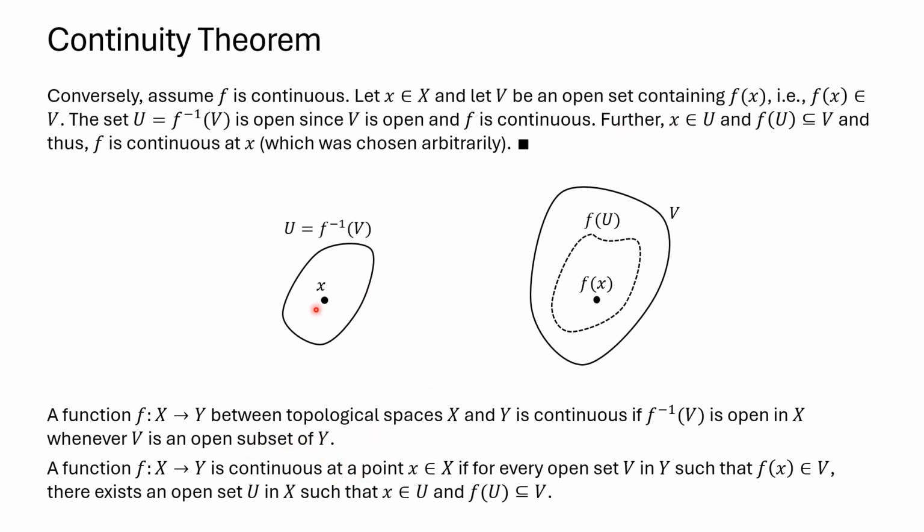Further, since x is an element of u, that's just the way we defined it, and this is a property of functions, f of u is a subset of v, so the f applied to u is a subset of v, so I've drawn it in here, and thus f is continuous at x. That's just a statement of the definition of continuity of a function at x, which I copied down here at the bottom for you, so you didn't have to turn back to the definition on the previous slide.